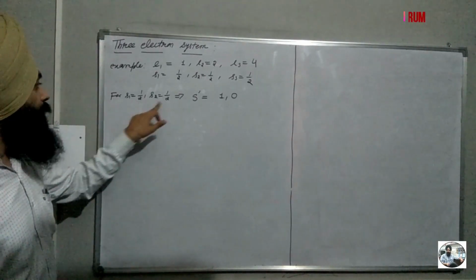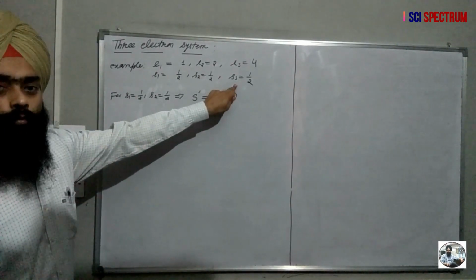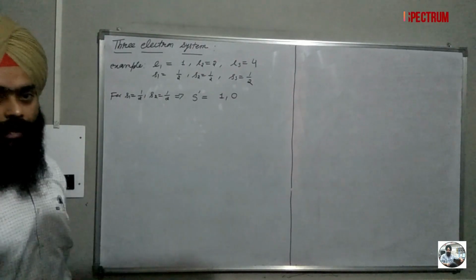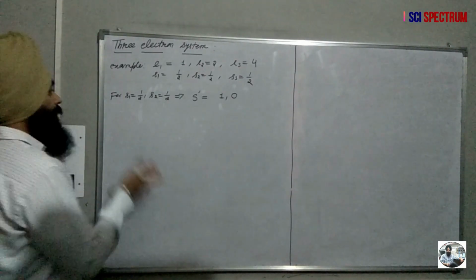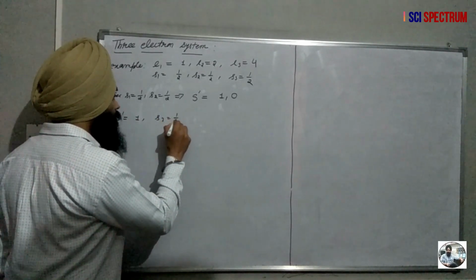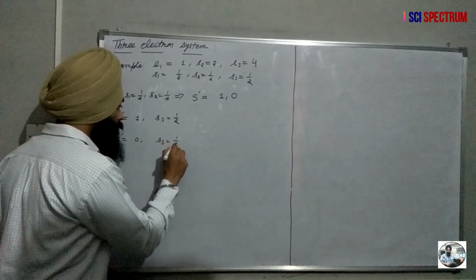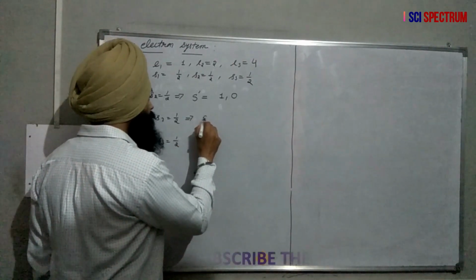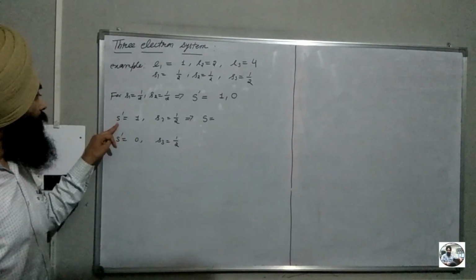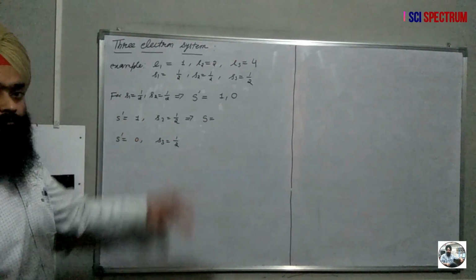So now we have combined 2 electrons and the third electron is left behind. Now we will combine this third electron with these values one by one to find out the value of final S. For S dash is equal to 1, S3 is equal to half, for S dash is equal to 0, S3 is equal to half. We will apply the same rule here as we have used, S dash plus S3 up to S dash minus S3 mod values.